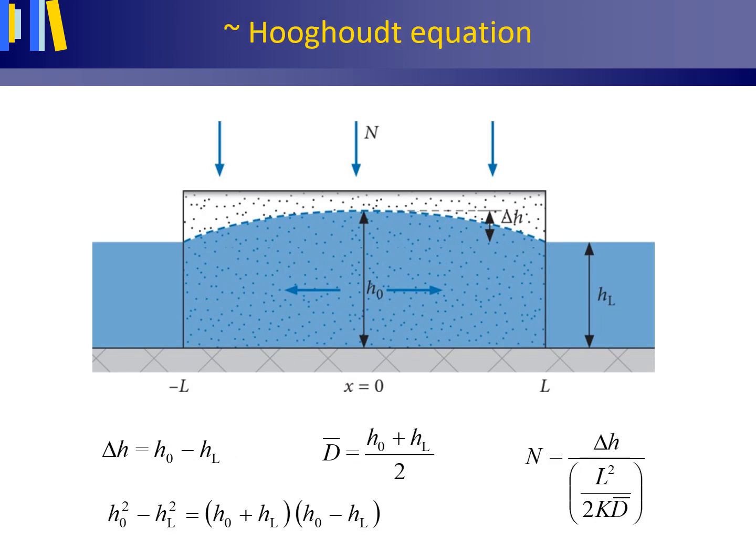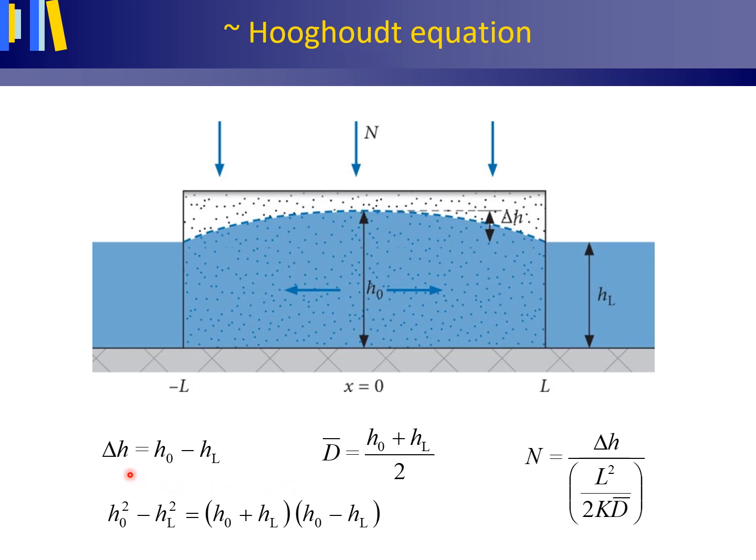Same as with the first derivation of the Dupuit-Forchheimer equation for unconfined groundwater flow in an earlier lecture, the horizontal length L of the aquifer must be at least 5 times larger than the saturated aquifer thickness D with a bar above it, which again we may take as h0 plus hL divided by 2.